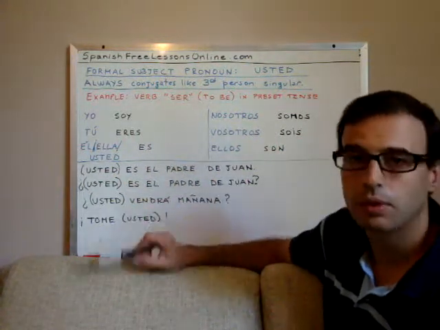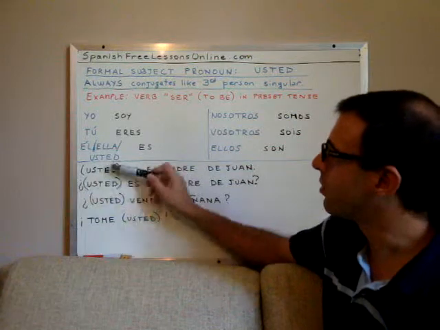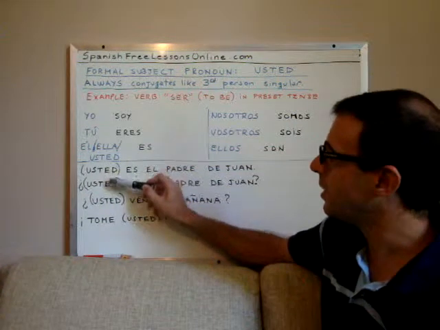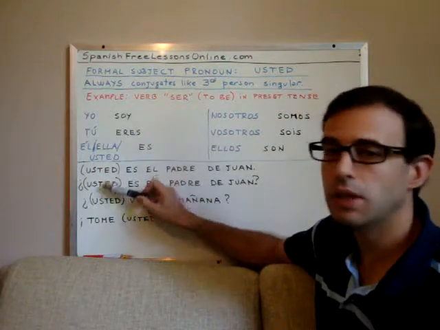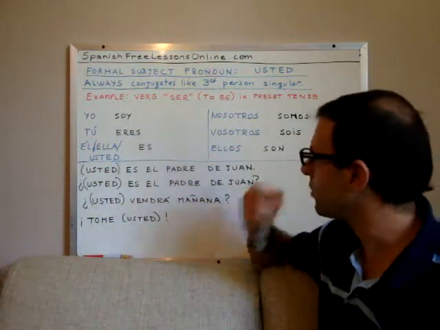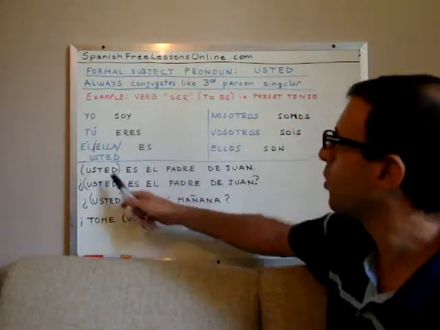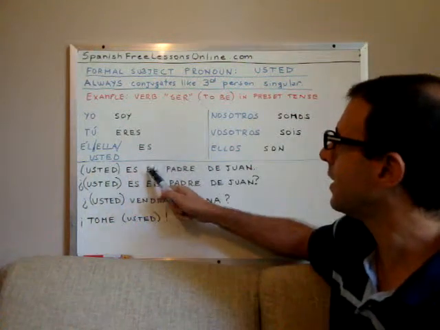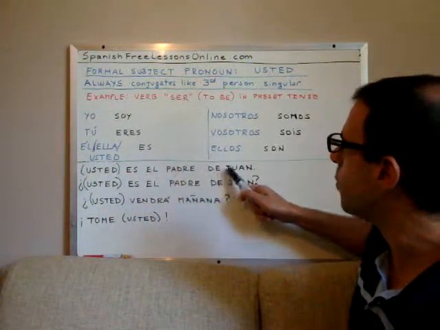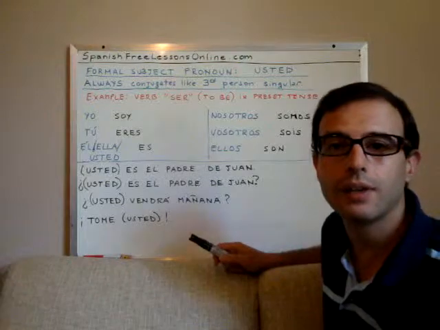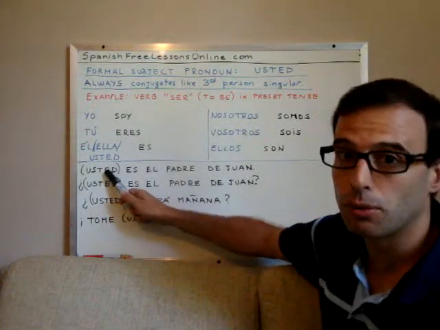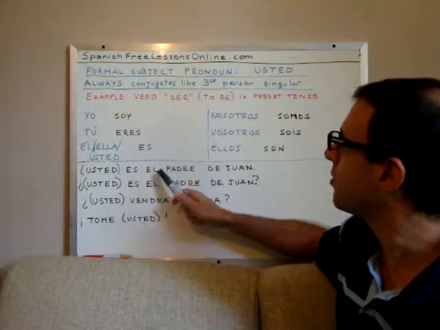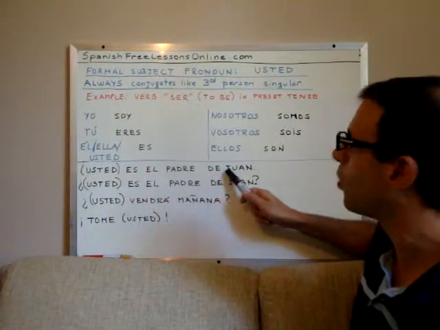Tome, okay? So you can say usted or you can omit it, but it will still be implicit here. So the first sentence is: Usted es el padre de Juan. This means you, formal, are the father of Juan.